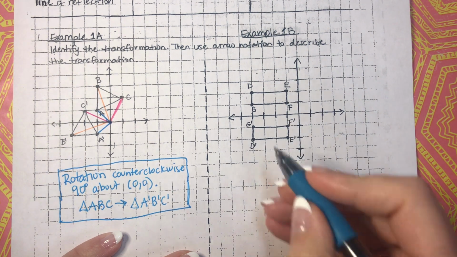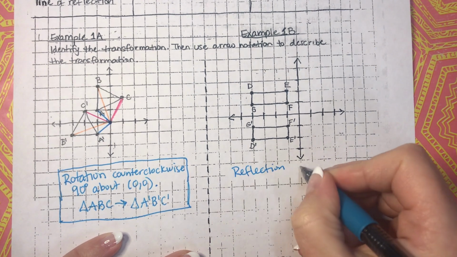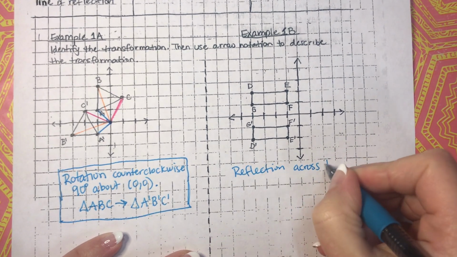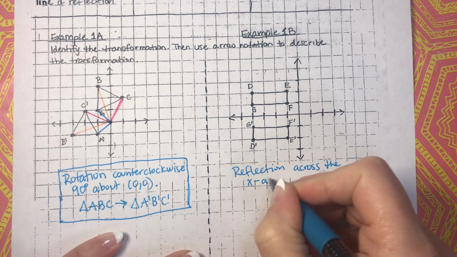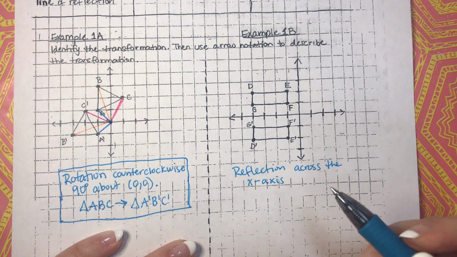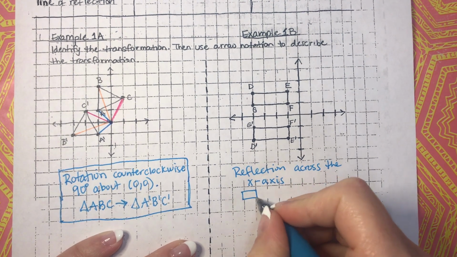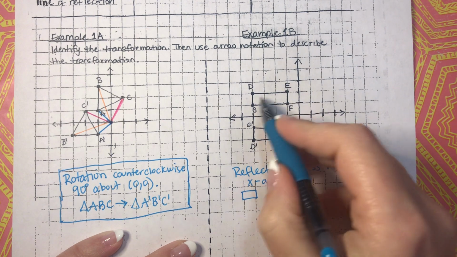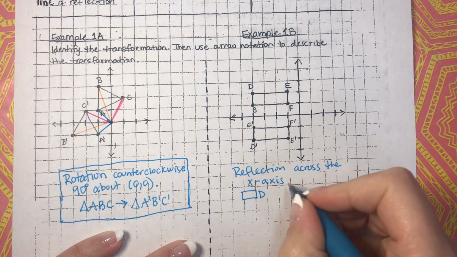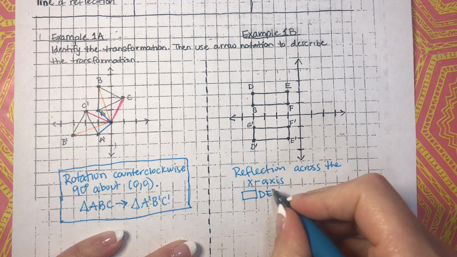So this would be a reflection across the x-axis. Okay, that's the transformation that's happening. And then we just need to do the arrow notation. I'm going to call this figure DEFG. So it looks like it's a rectangle DEFG.